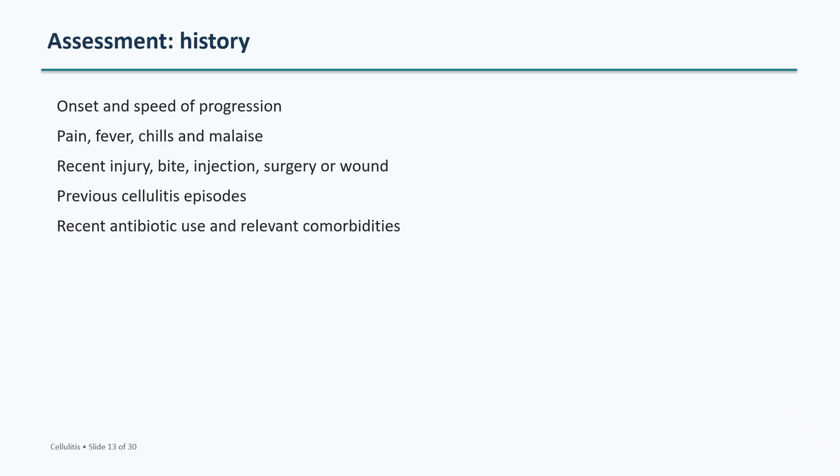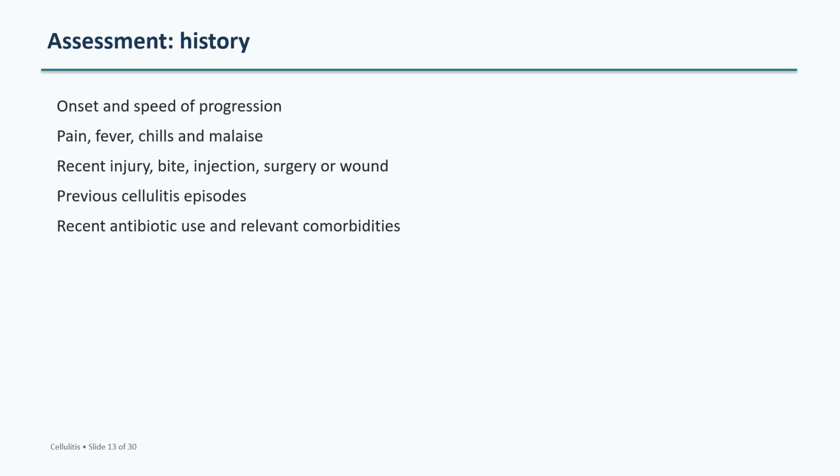So, assessment. Here we will see how to assess the patient who developed the disease cellulitis. We have to ask the onset and speed of progression. We have to ask the patient when they developed the disease, and in how many days it developed to the shown complaint or observation.